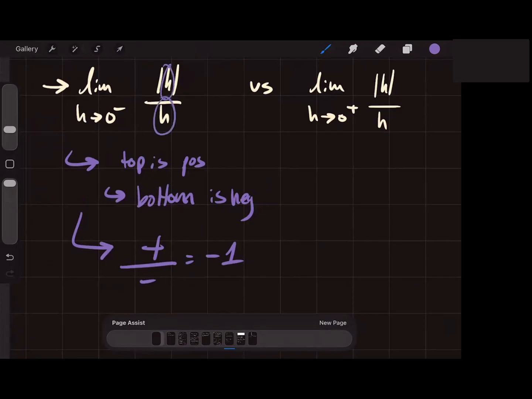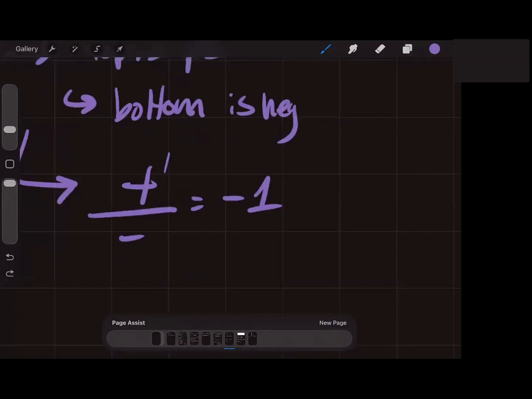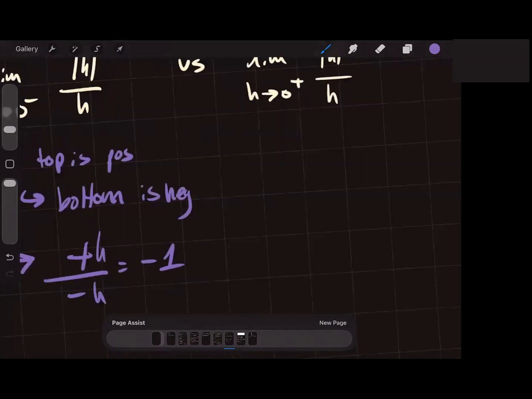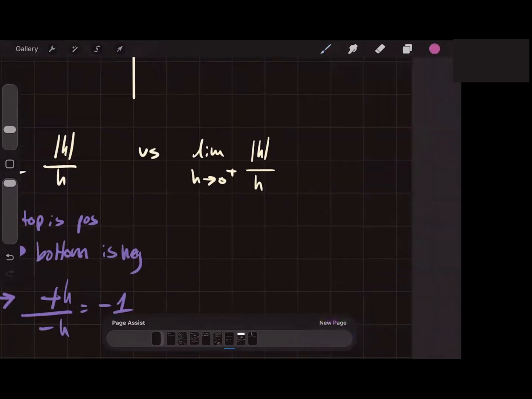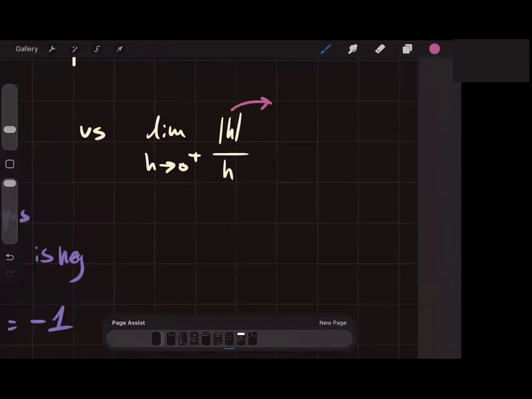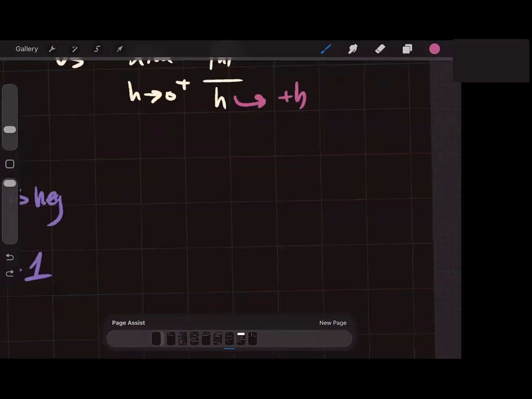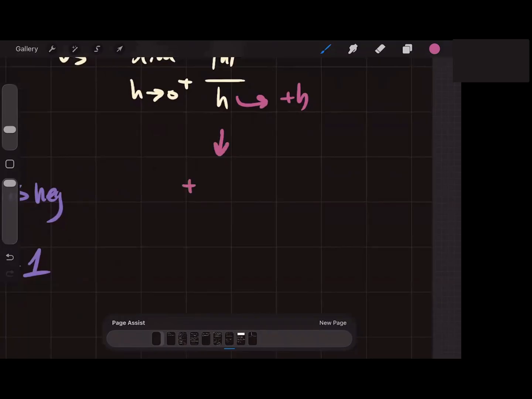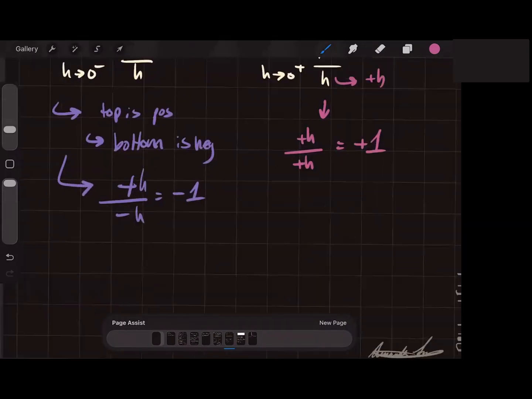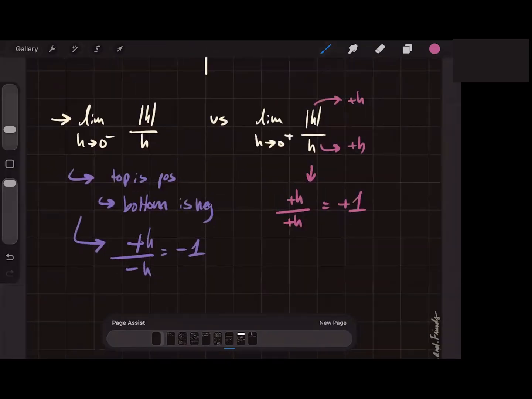Because h divided by itself, right? On the other hand, when you do it from the right side, from the right-hand side of 0, h is positive. This is going to give you positive h over positive h, which is positive 1.